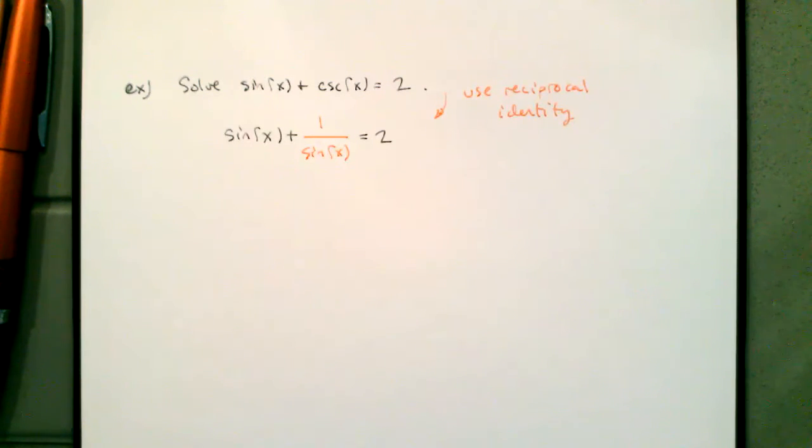The main thing that we notice is that one instance of the variable appears in the denominator. Everything is in terms of sine, but the sine x is sitting in the denominator. So by replacing cosecant with 1 over sine, I've put a variable in the denominator, and that's given me something to do.